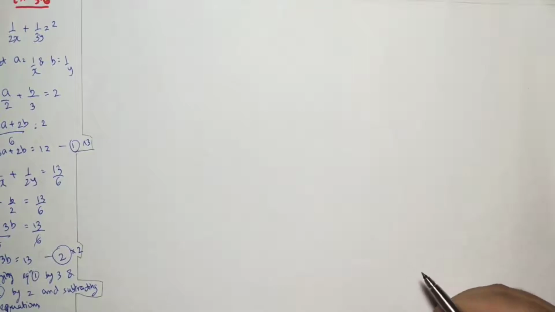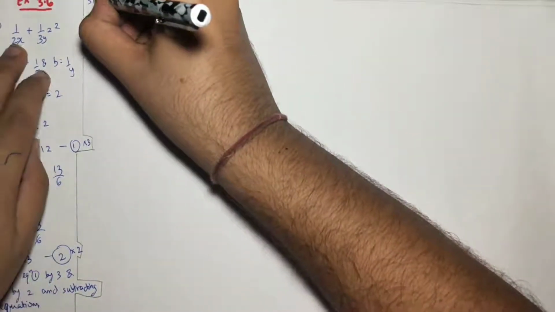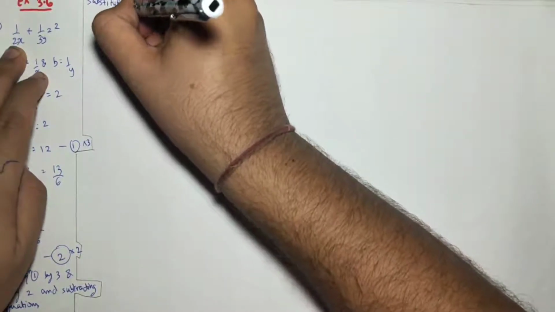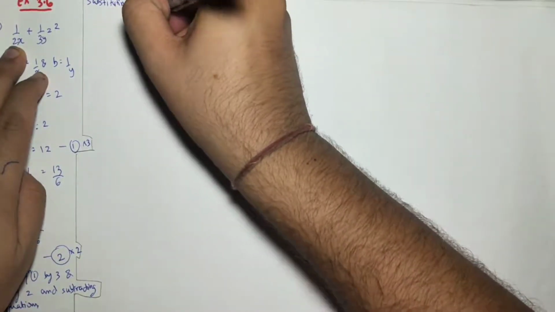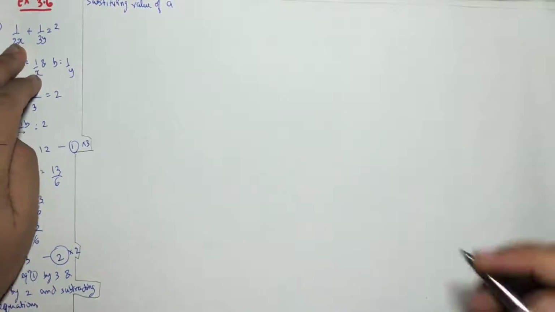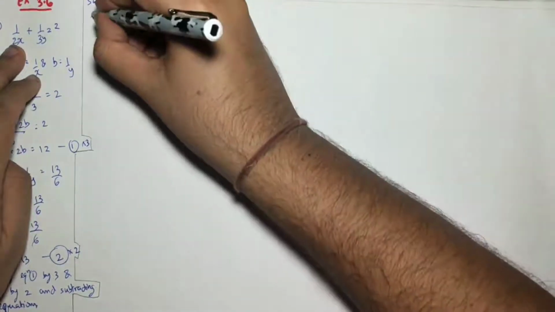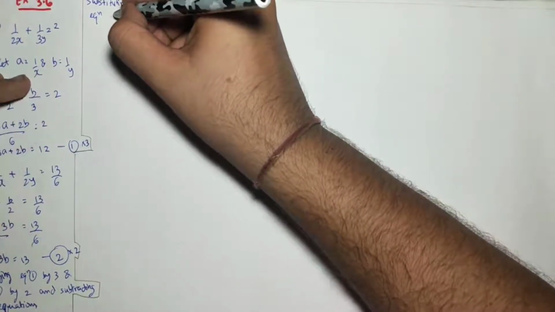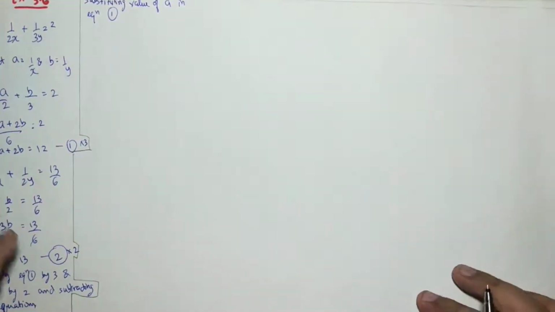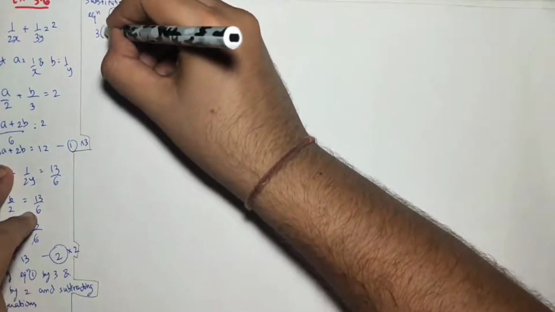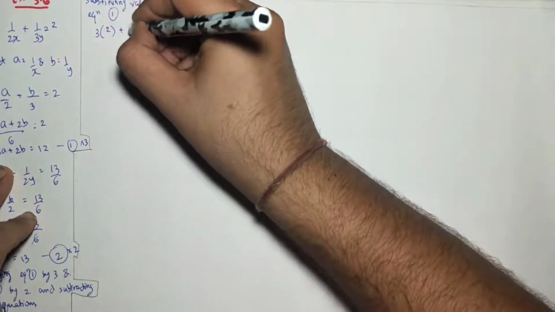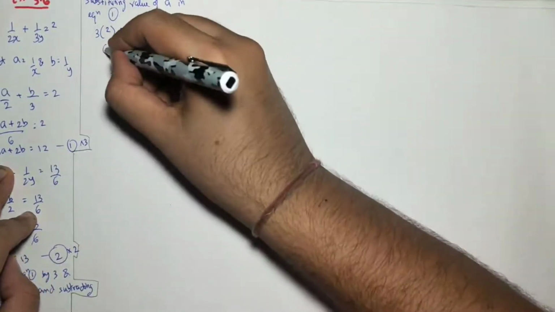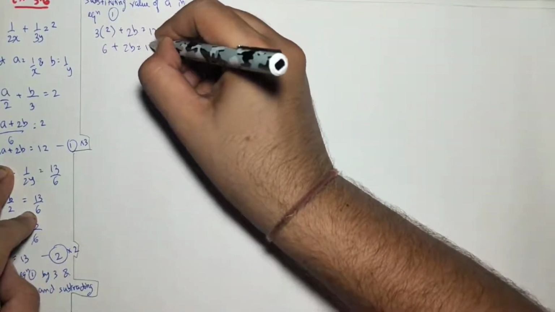Substituting the value of a in equation number 1, let us take 1. In equation number 1, 3 multiplied by 2 plus 2 into b equals 12. 3 into 2, that is 6, plus 2 into b equals 12.